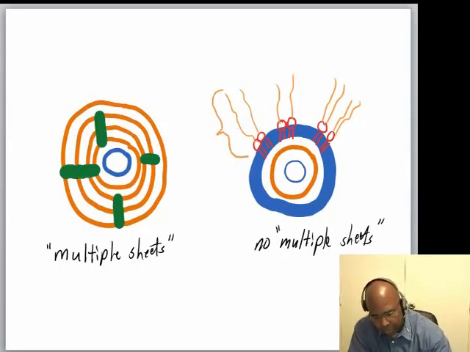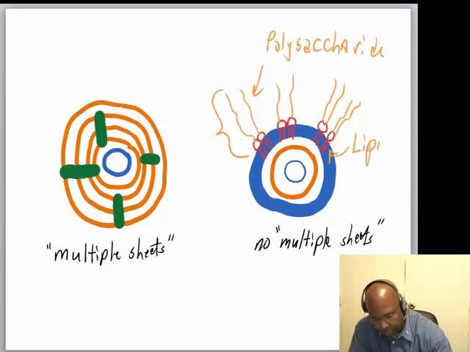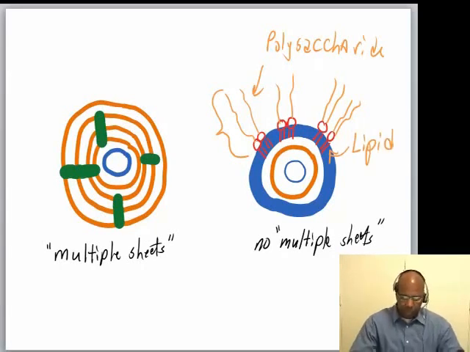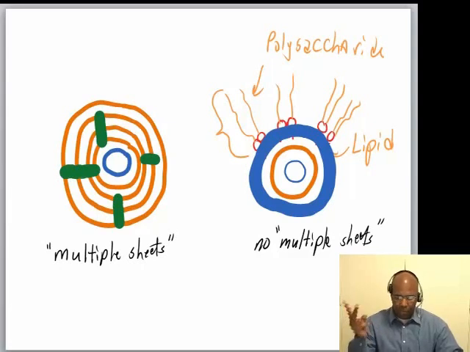So this is going to be a polysaccharide, and we're going to have here a lipid. And those are all of the components of the two types of bacteria.